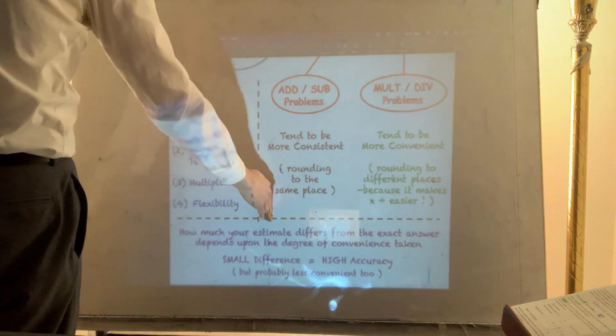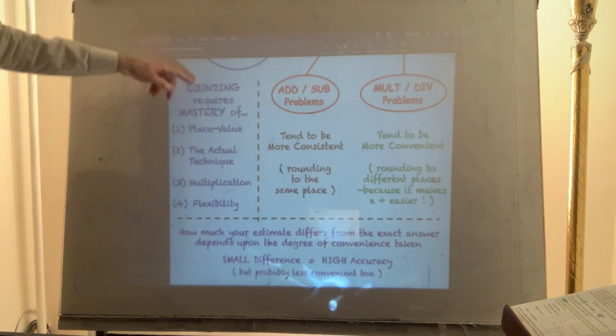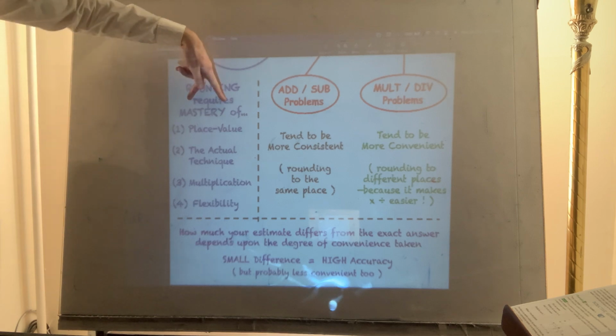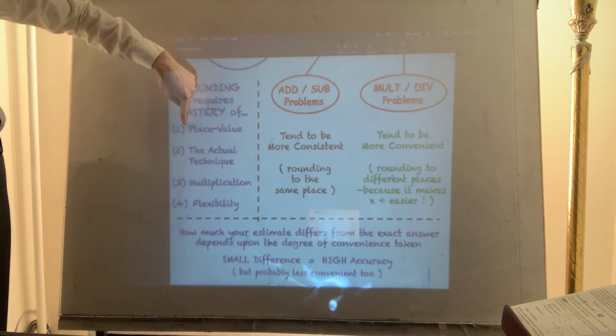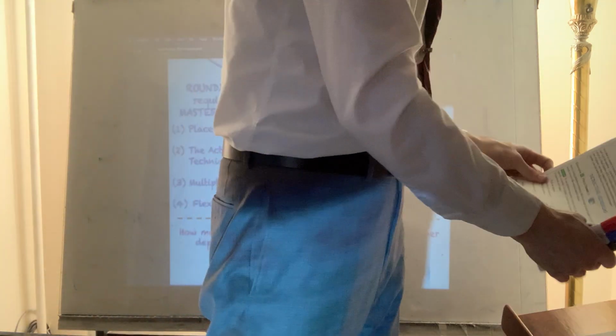Sticking with the rounding half of this, this is why I made it blue. Rounding requires a couple of things. Mastery of, as I mentioned, place values.